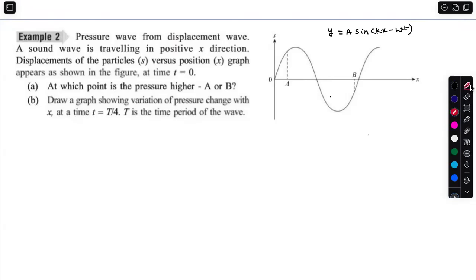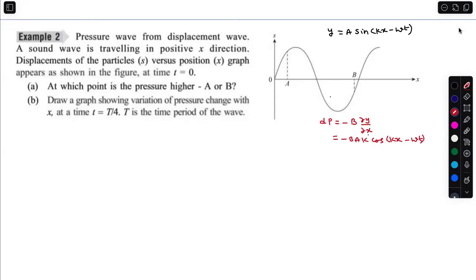What is your doubt? Clear? Right. So give me the relation. dP is minus B dou y by dou x, which clearly indicates minus BAk cos(kx minus omega t).